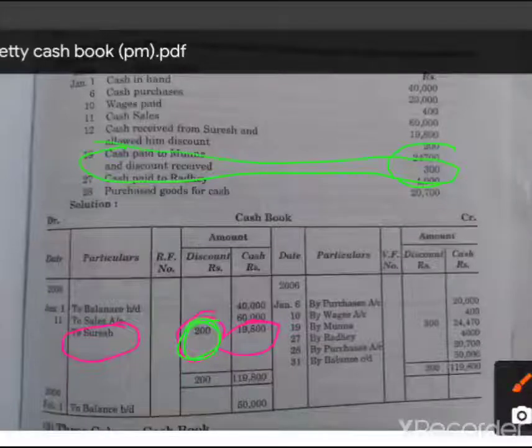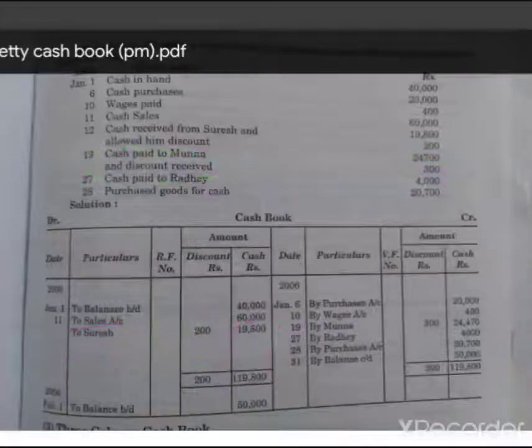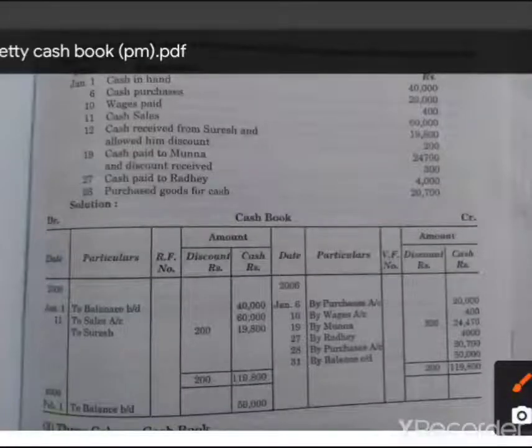cash paid to Munna, and the discount received is written. So in this transaction 24,700 is the cash paid to Munna and discount received is 300 rupees.